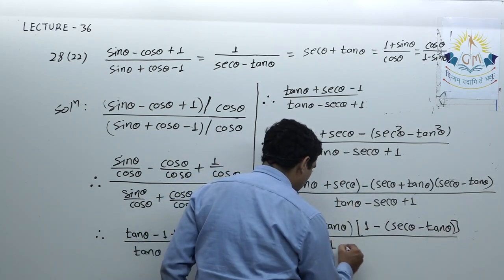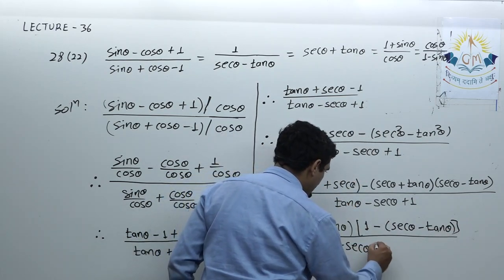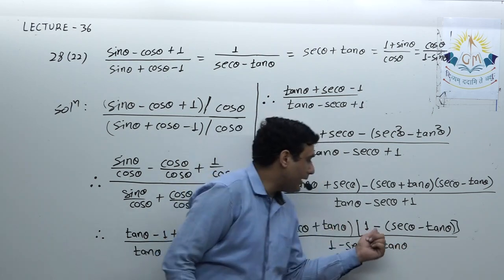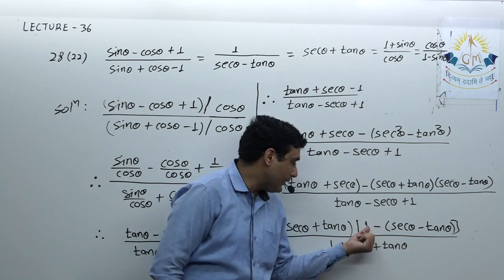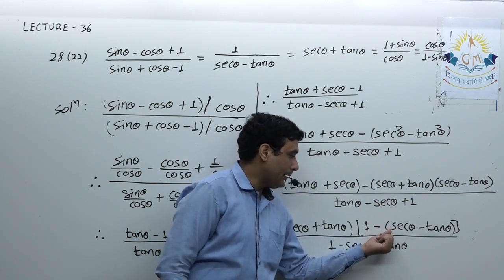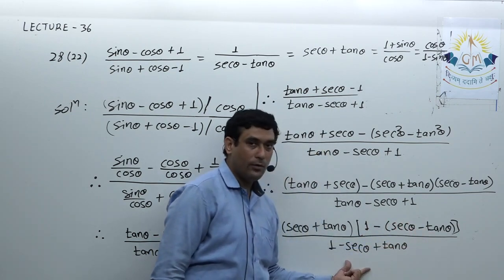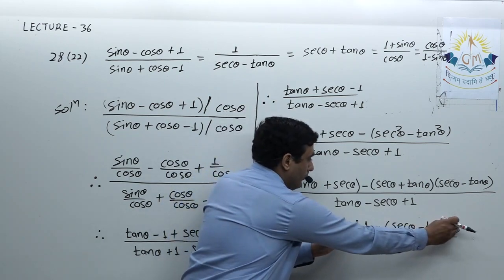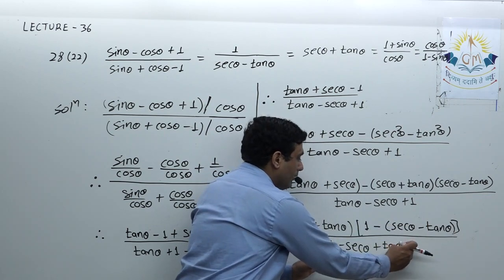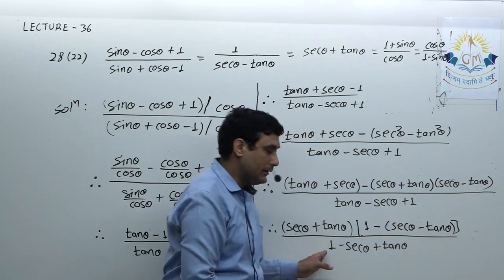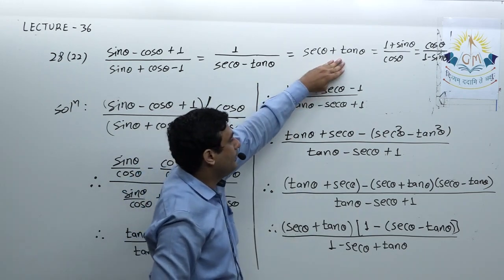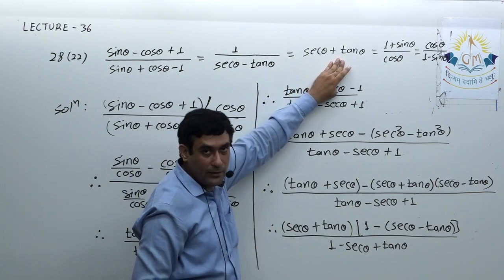I am writing first 1, then minus sec theta, then plus tan theta. Why did I write so? Because when I open the bracket, in the numerator I will get 1 minus sec theta plus tan theta. So I wrote the denominator in that order. That means this term of the numerator and this denominator will cancel out each other, and I will be left with sec theta plus tan theta. That means I got this third one directly.